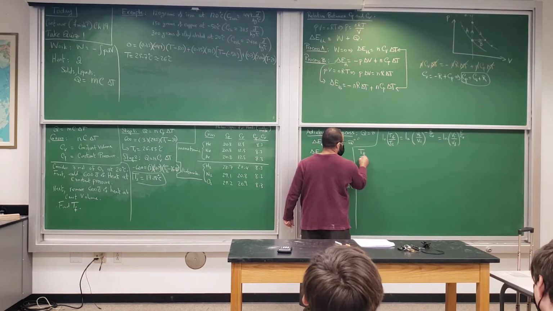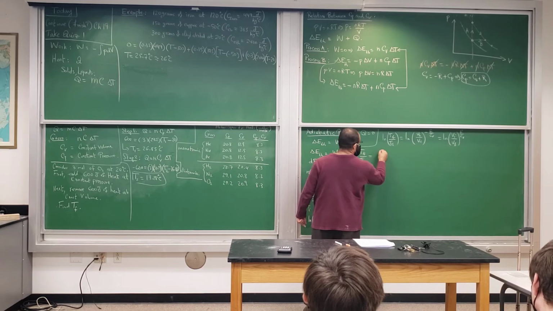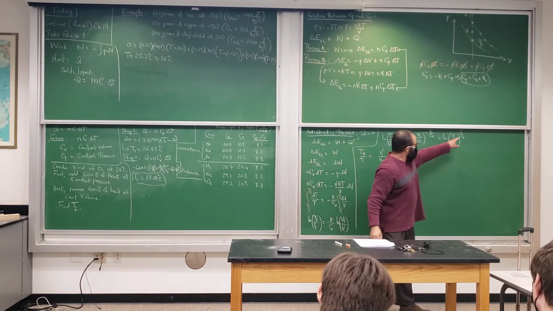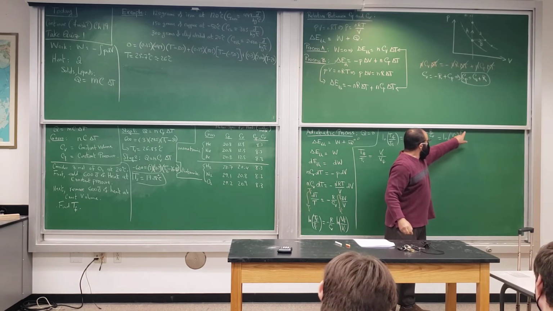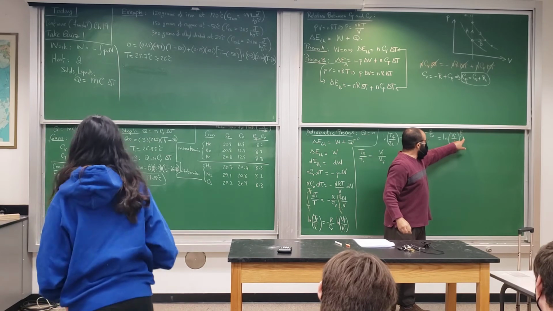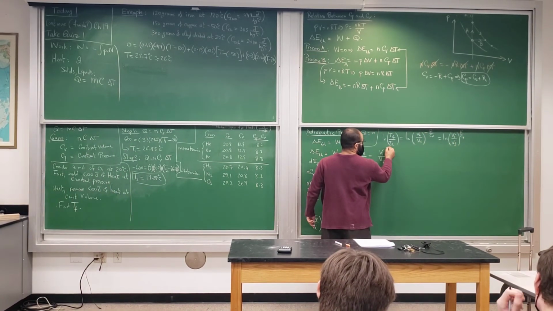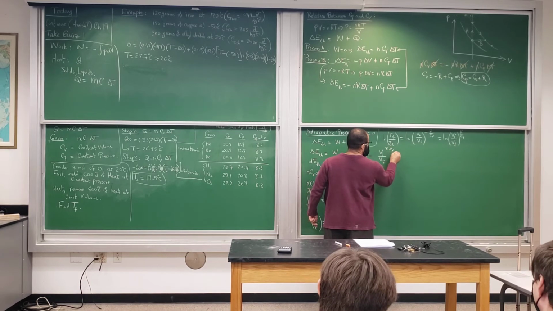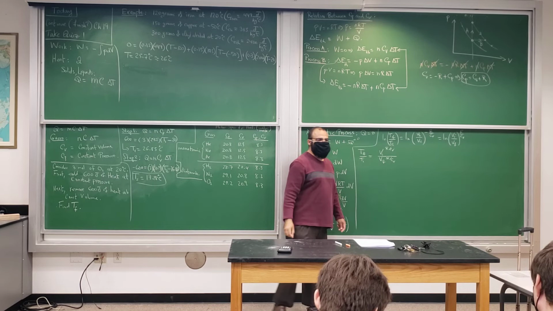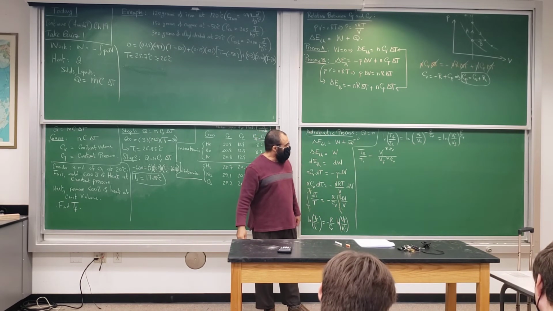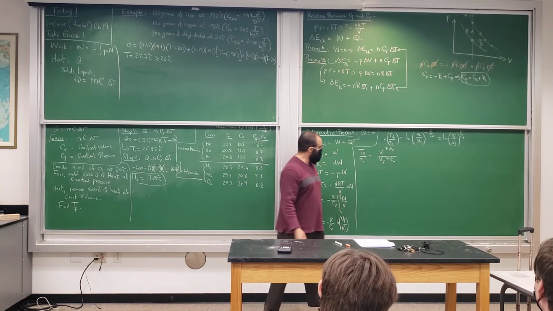T final over T initial would equal V initial over V final, with the power here, V initial to the R over CV and V final to the R over CV. We will just get one expression that we need to remember at the end, but I just want to go through the derivation a little bit.